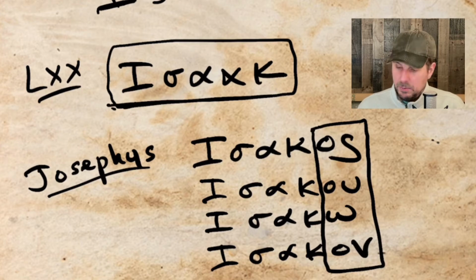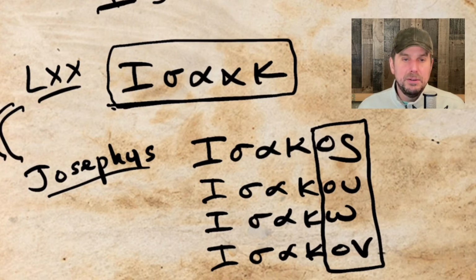Remember that the Septuagint, at least the Torah, is 3rd century BC, whereas Josephus is the end of the 1st century. So there could be presumably 200 to 300 years of difference here.